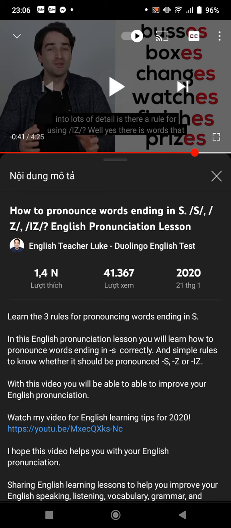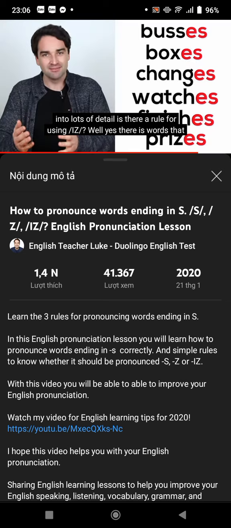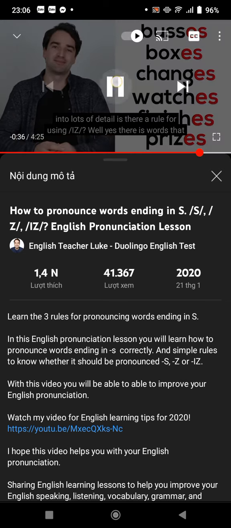But without going into lots of detail, is there a rule for using IZ? Well, yes, there is.